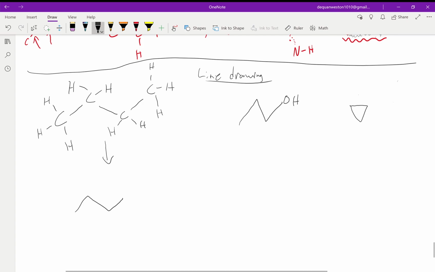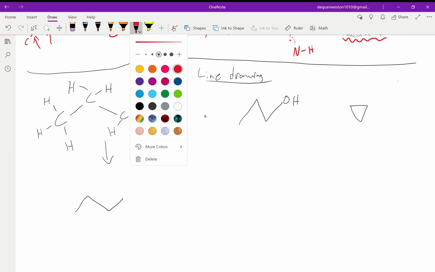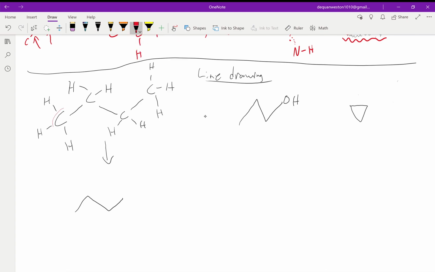Okay, well, each of these carbons, so 1, 2, 3, 4, are actually right here. 1, 2, 3, 4. And each of these hydrogens are actually right here. They're just not drawn in.